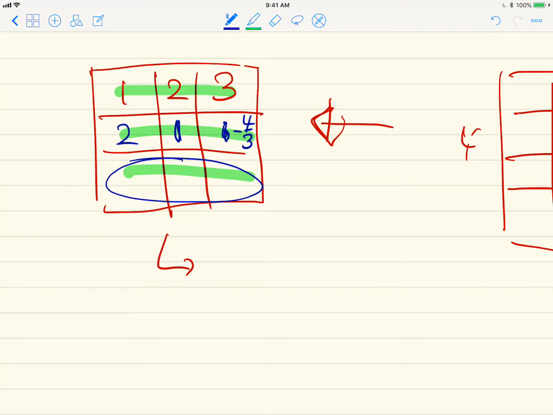Okay. But usually when discussing orthogonality of the vectors contained in our matrix, it is more often the case to consider their columns rather than rows.